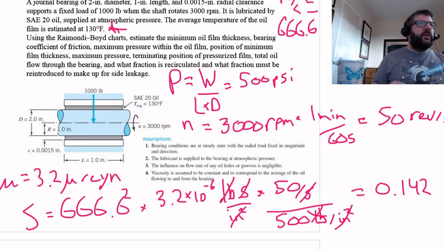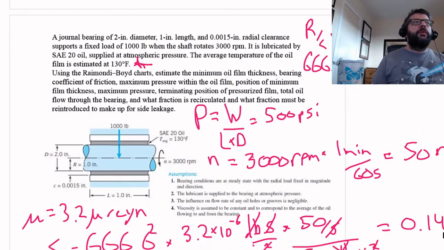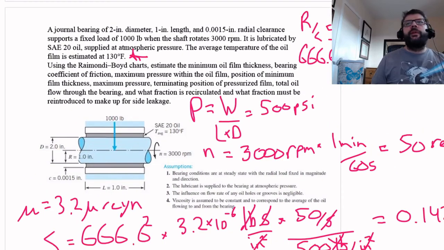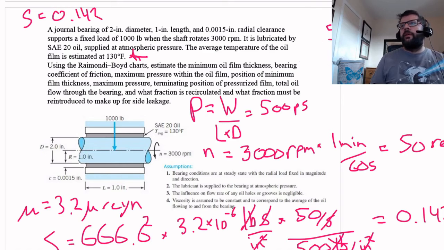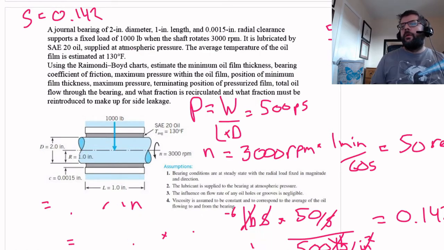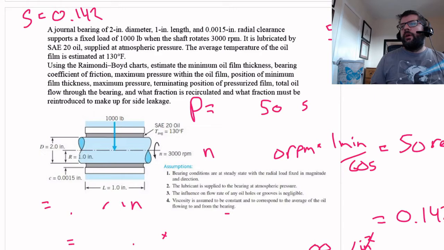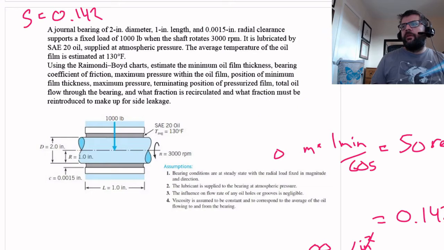So I'm going to write that up in the top corner here and then erase all the stuff that we used to calculate that. Okay, and then we just use that to look up what our parameters are that come into play.